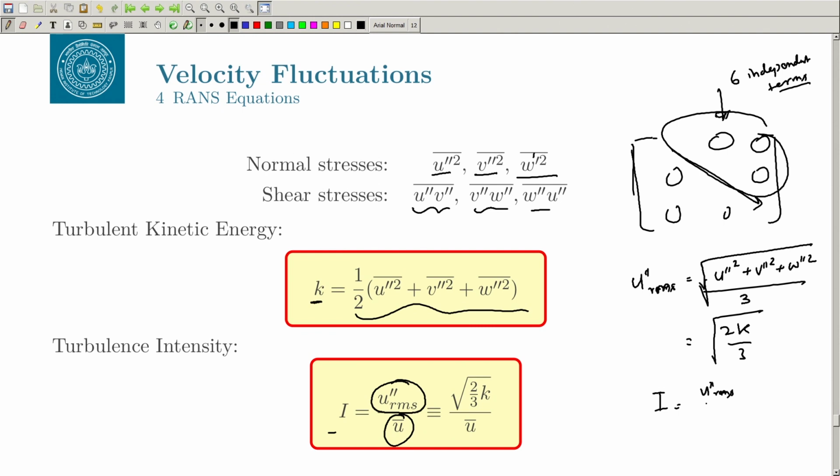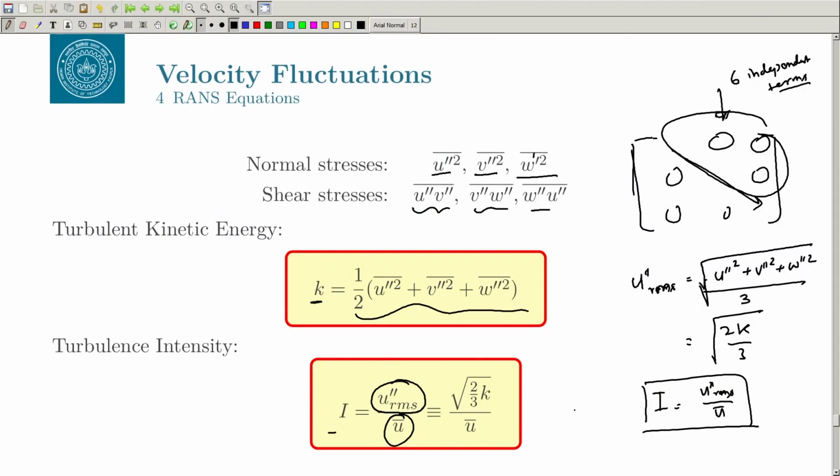Whenever you try to solve any turbulent flow problem, you need to know the turbulence intensity. You might be doing experiments in different wind tunnels, and different wind tunnels may have different intensity. It can be a very quiet tunnel where the turbulence intensity is very low, maybe 1%, 0.1%, 0.5%, or it can be a noisy tunnel where the intensity is very high, maybe 5%, 10%, and so on.